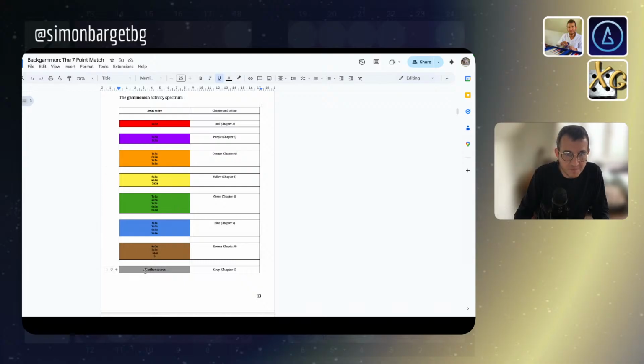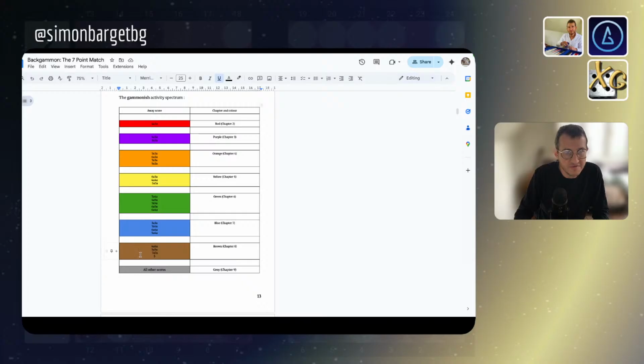And then if we look below brown, we see gray, and that will contain all the other scores. So in Gammonish positions, all other scores, you might have guessed, might be 3 away, 5 away.